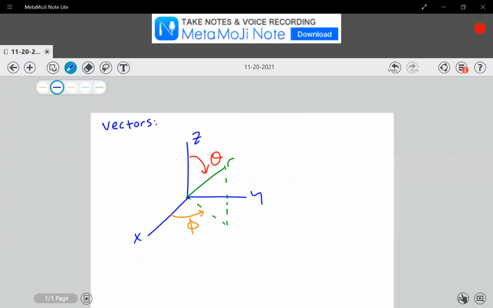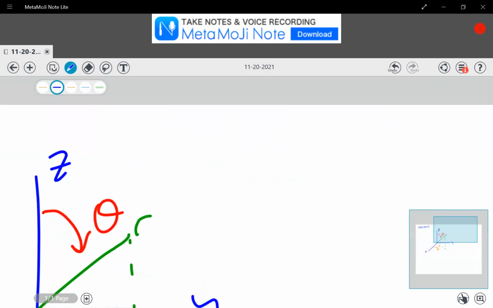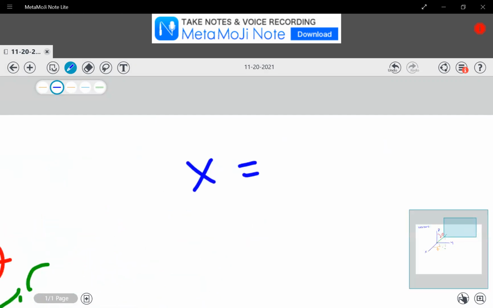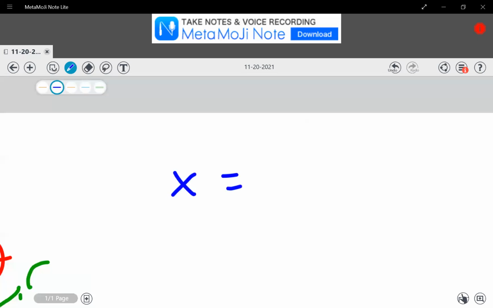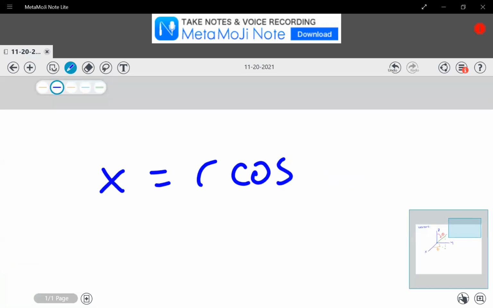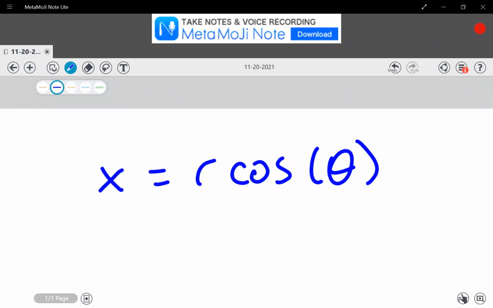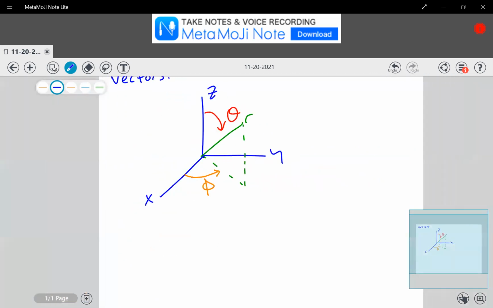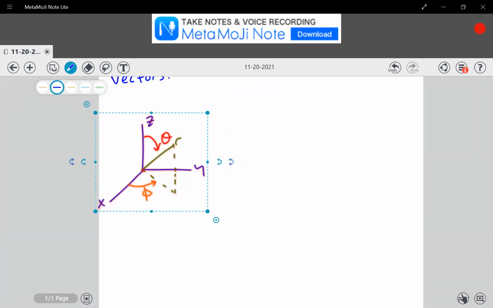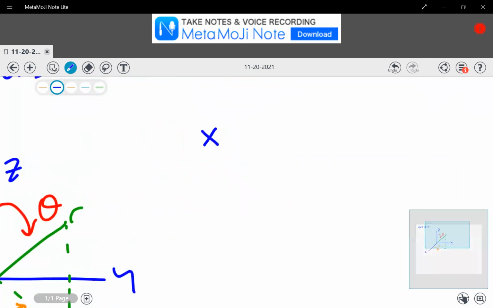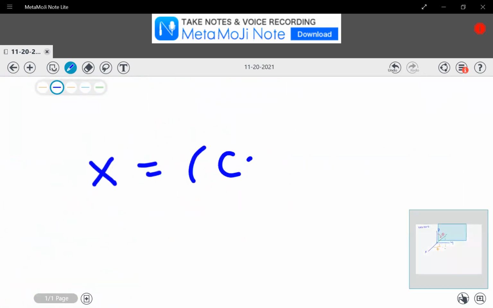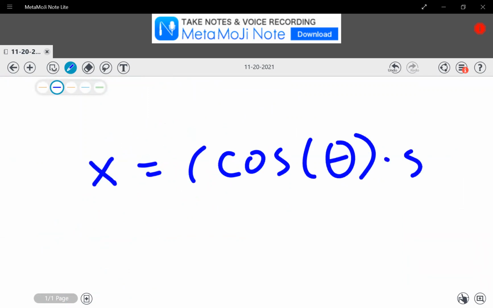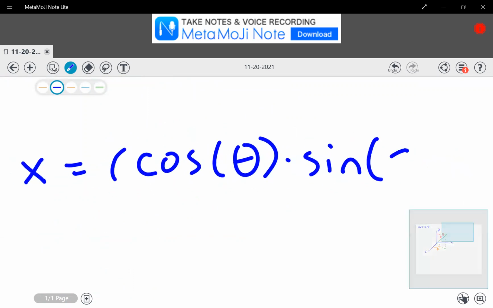Now, to convert from spherical to Cartesian, my bad: x equals r cosine theta times sine of phi.